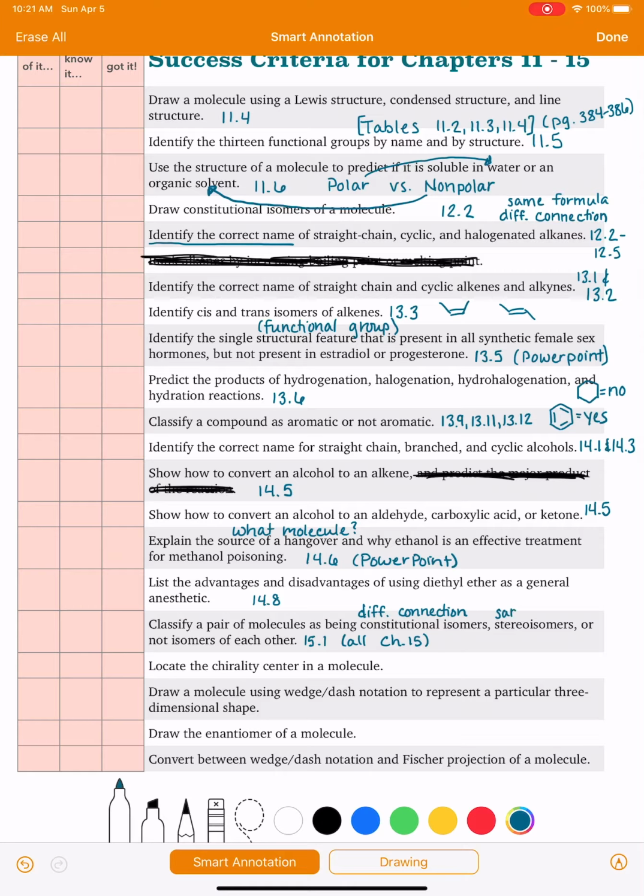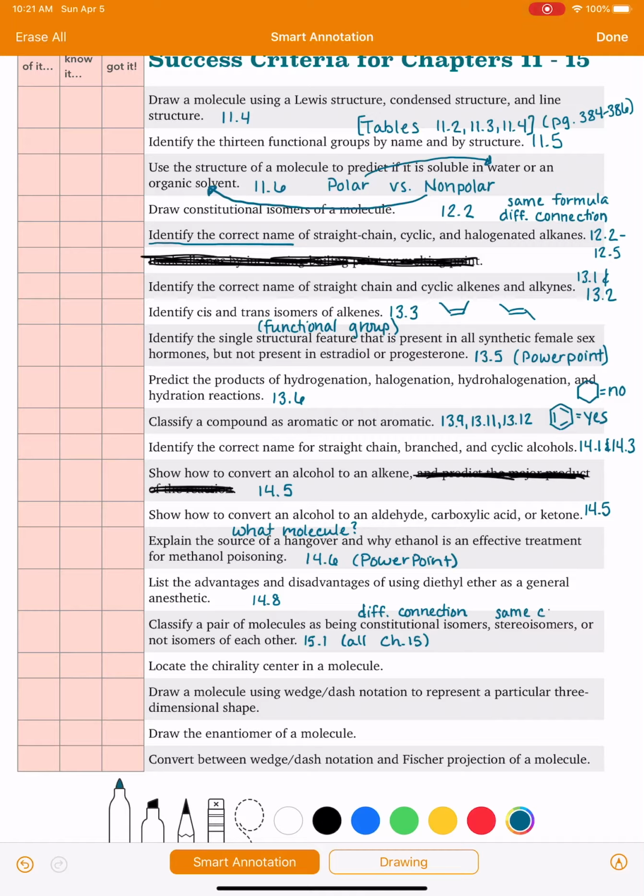Stereoisomers have the same connection, but they have a different shape, which we're going to see reflected across the double bond. So it could be like that, those would be stereoisomers, or you're going to see it reflected using wedge dash notation, where substituents might be different on the wedge and the dash, but otherwise the same. And then not isomers would be molecules that have different formulas. They just have a different number of atoms.